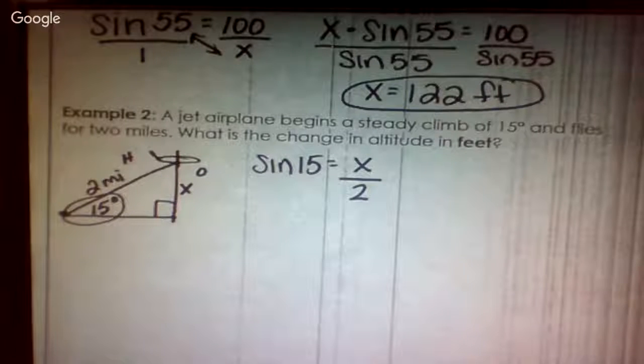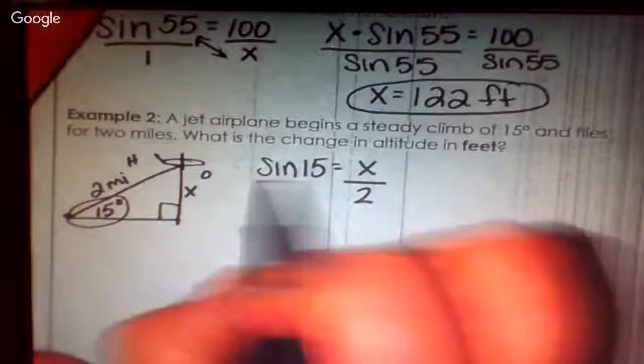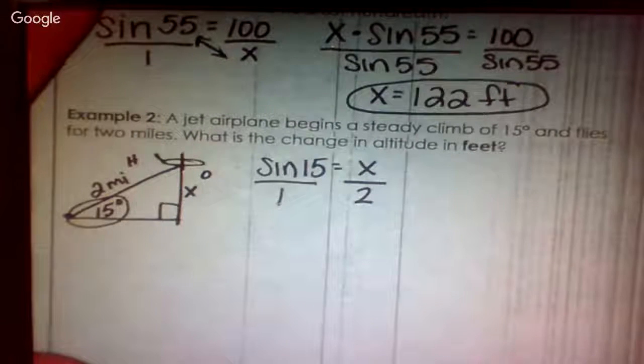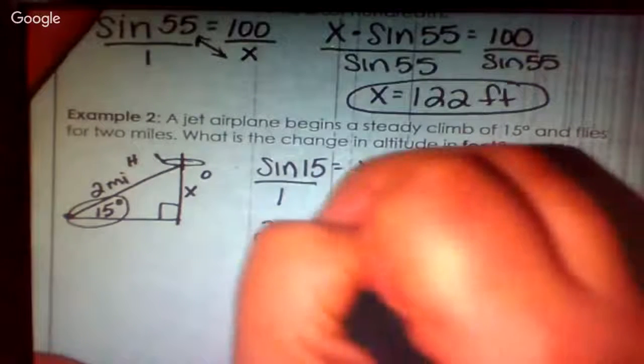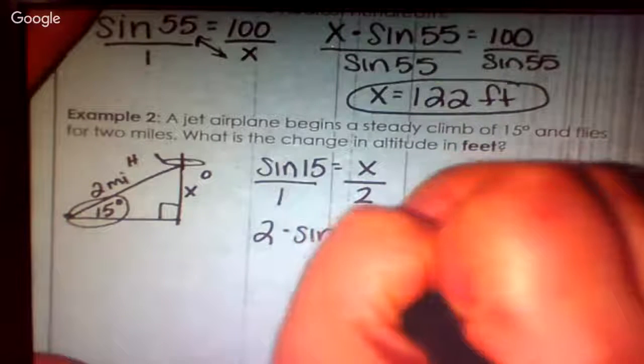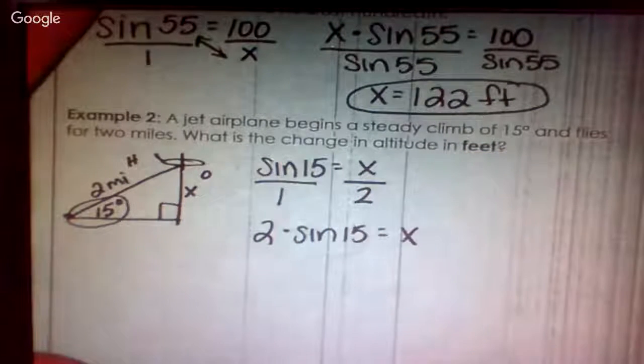SOHCAHTOA. I cannot emphasize enough that you need to memorize how that is spelled. That tells you what happens here. Now we put this over 1. When I cross multiply, I get 2 times the sine of 15 equals X.